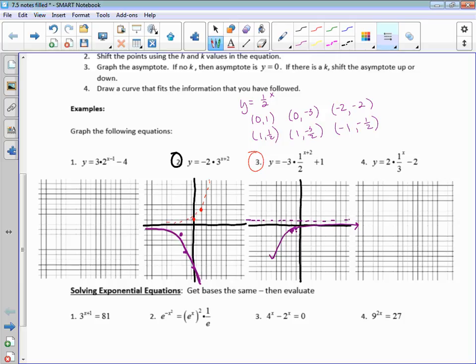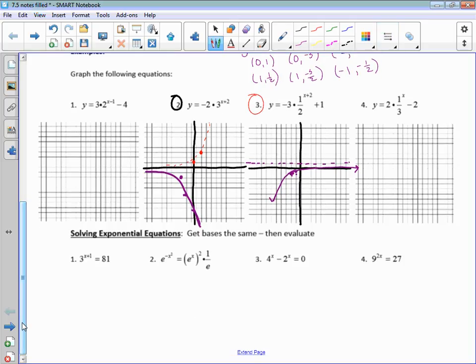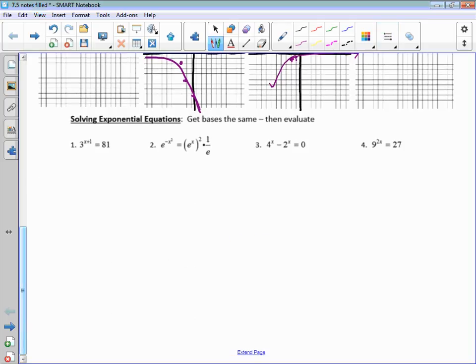Let's try to solve some exponential equations then. When you're solving exponential equations, you want to make the bases match. Okay? So if I look at the first one, 3 to the x plus 1 equals 81. 3, I really don't want to change, like you always want to go to the smaller base, so 3 is definitely going to be the smallest base I can use, so I'm going to leave that alone.